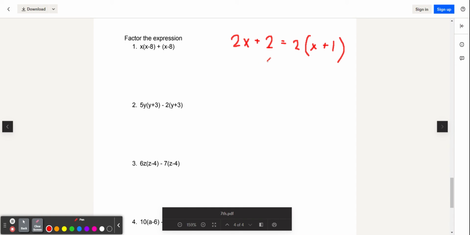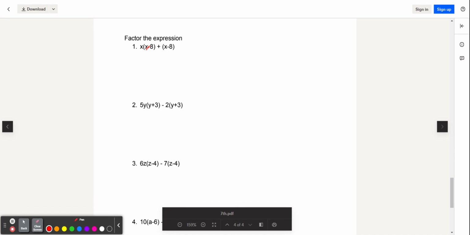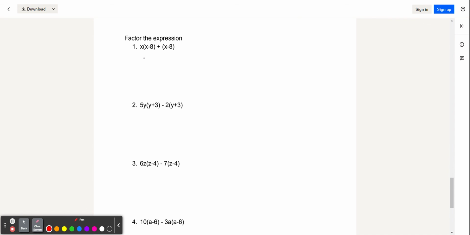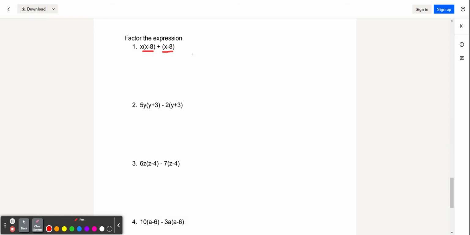Now, as you can see, it's going to be a bit more complicated than just factoring out a constant. You want to look for common factors, which means some factor that both terms share. For our first problem, you should notice right off the bat that they both have an x minus 8. This is what we are going to factor.